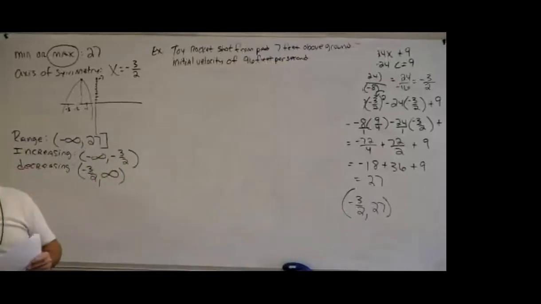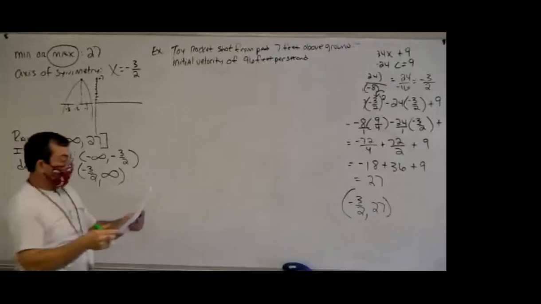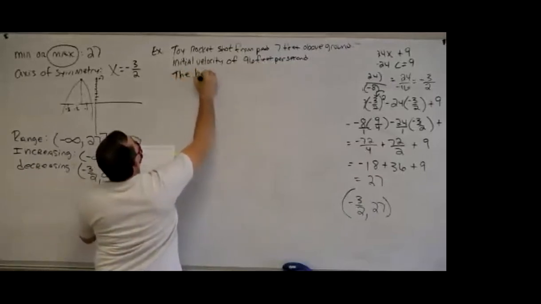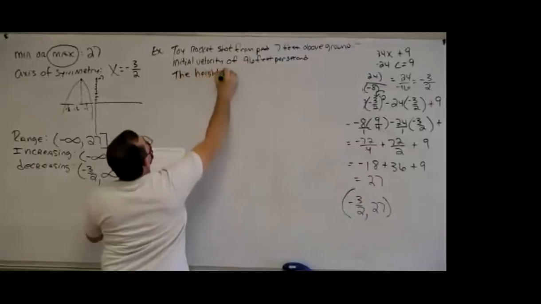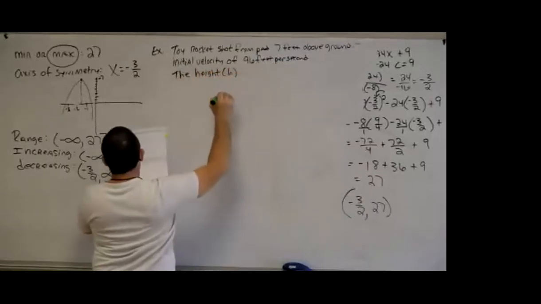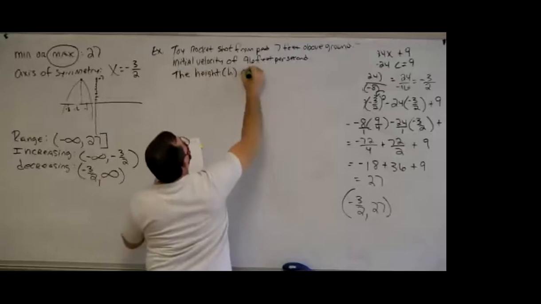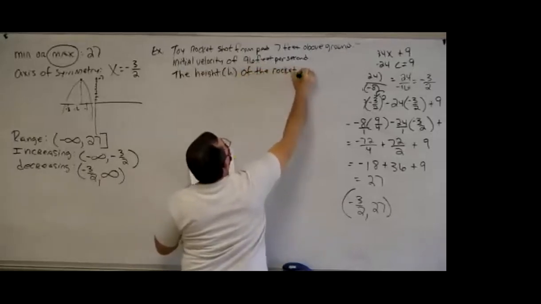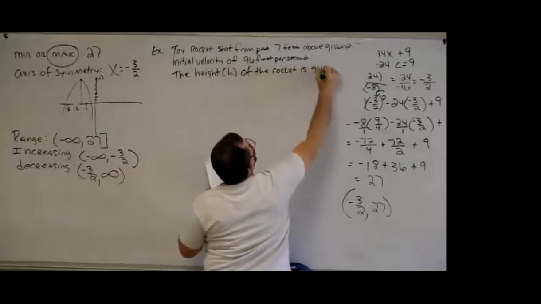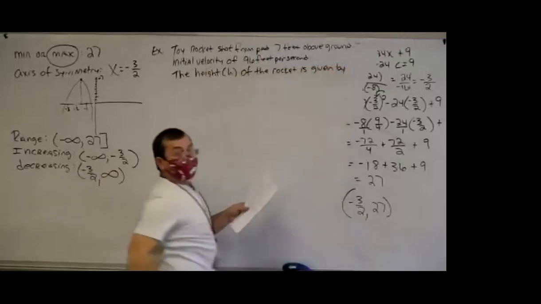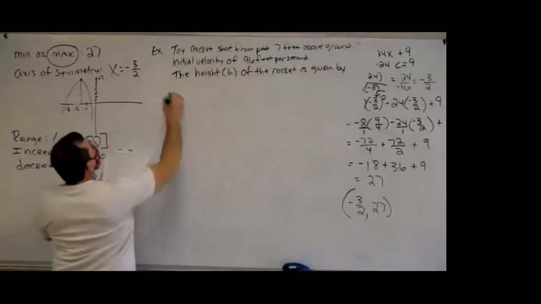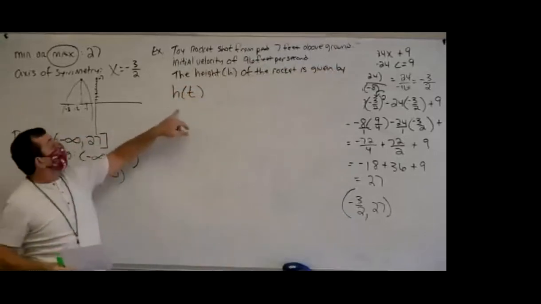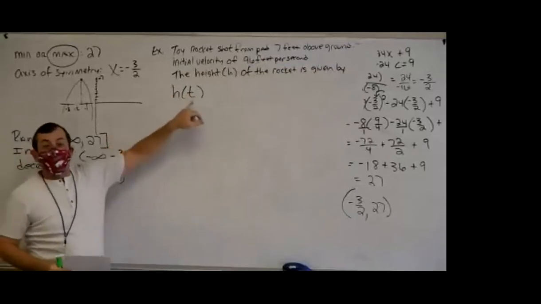So they give us an equation that models this information. The height h of the rocket is given by this formula, which says h of t. What this means is the height depends on the time.